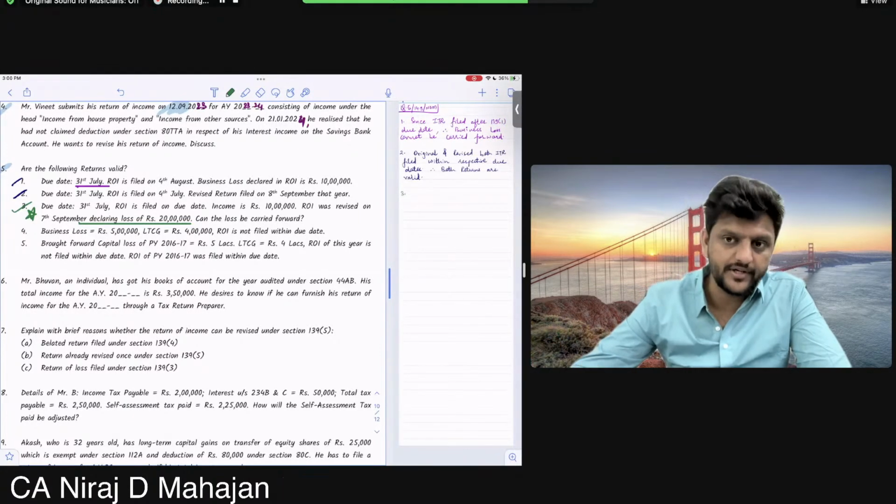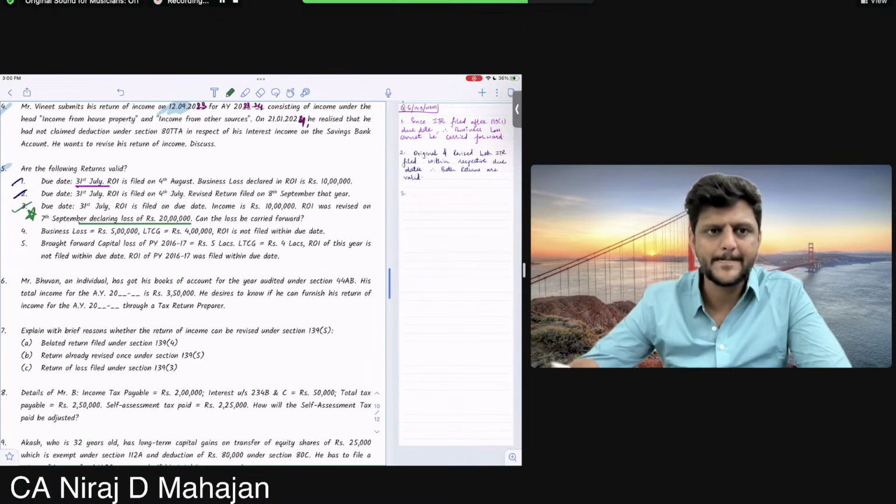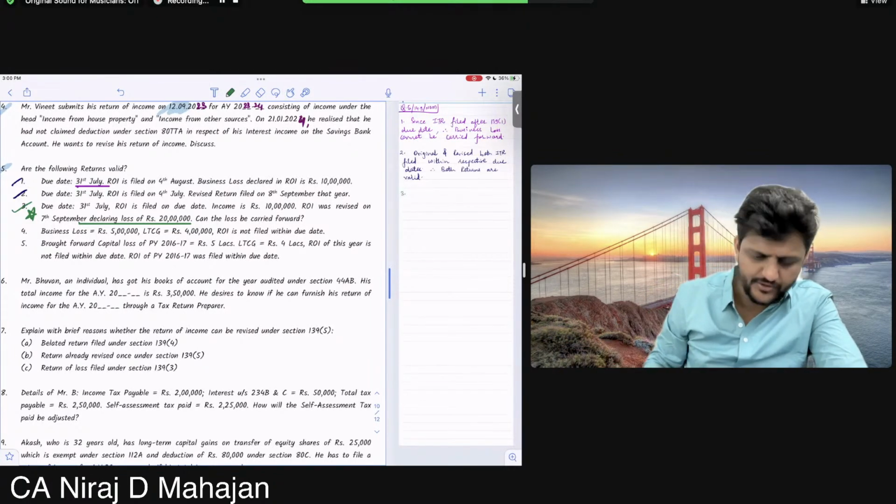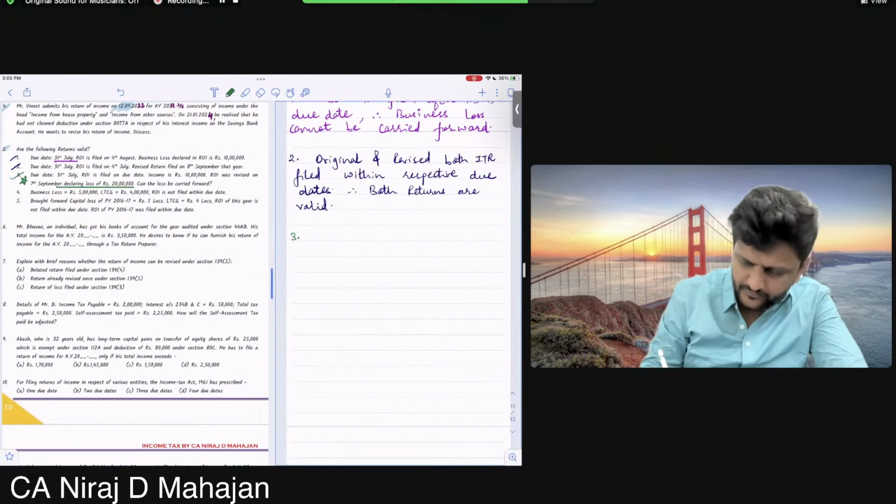Because the revised return replaces the first return filed, right? The first return which you had filed. Write down, I told you to star mark this.